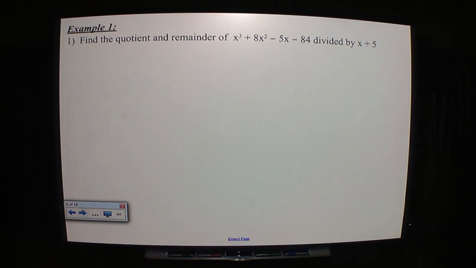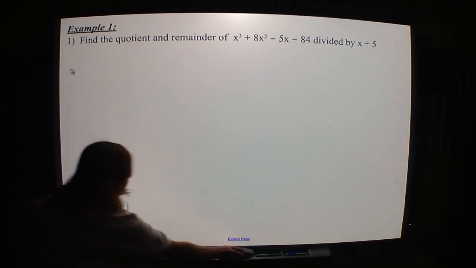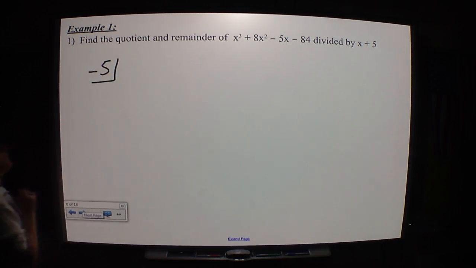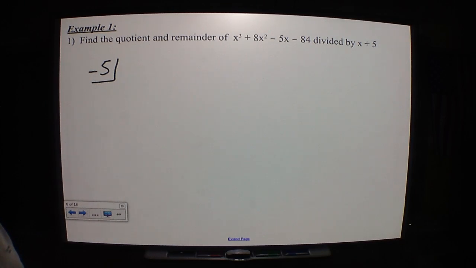So find the quotient and the remainder of x cubed plus 8x squared minus 5x minus 84. The first thing you want to do, the divisor for synthetic division is negative 5 or opposite.